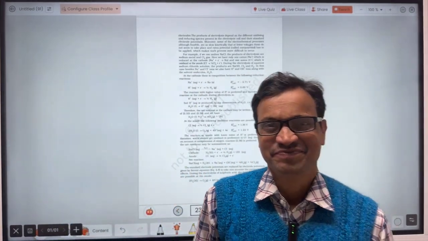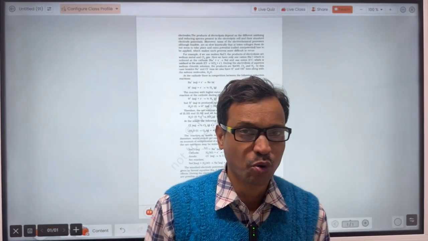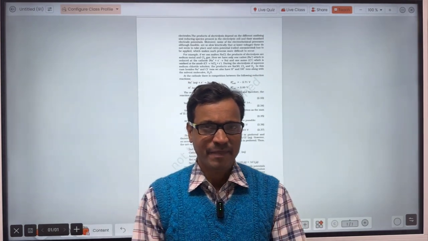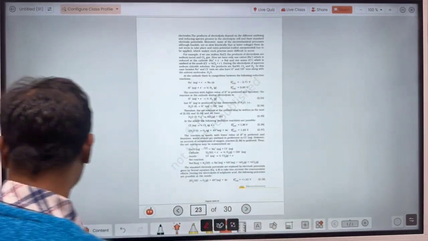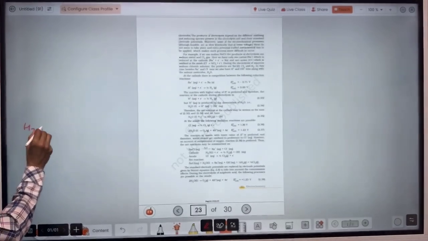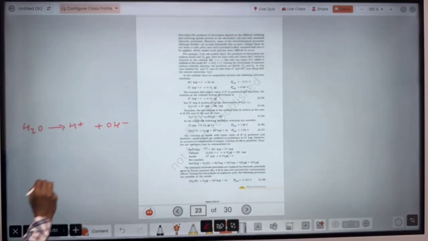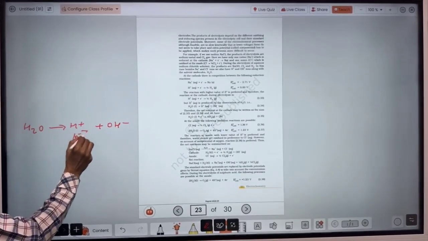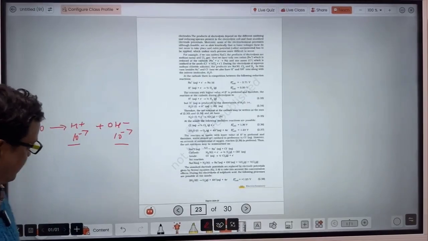Now guys, listen. Water is a bad conductor of electricity. Pure water is a bad conductor because in pure water the concentration of H plus ion and OH minus ion is 10 raised to power minus 7, and this value is quite less.